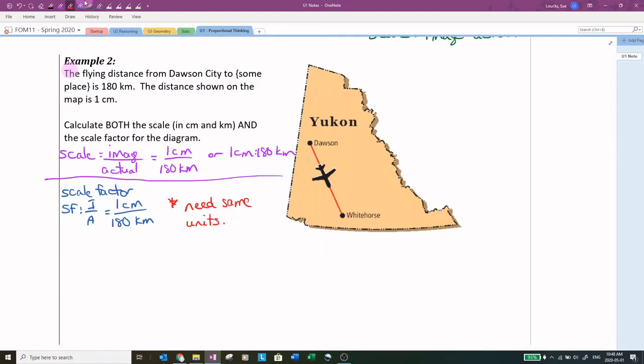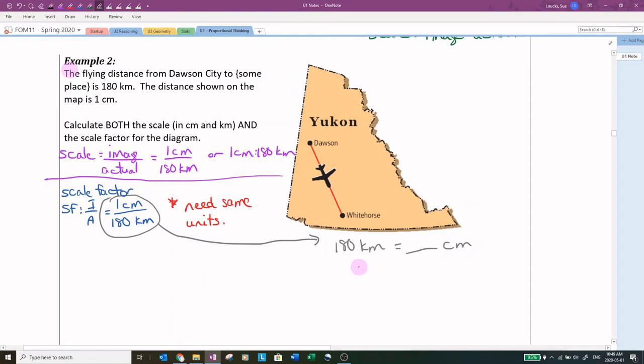So I'm going to take this information, I'm going to go over to the side of my page. I call this my back of the envelope calculations, where I need to change those to the same units. Now, I don't want to write centimeters as some decimal of a kilometer because that's just really ugly, and we work better with whole numbers and integers than we do with decimals. So I'm going to change my 180 kilometers to be some number of centimeters.